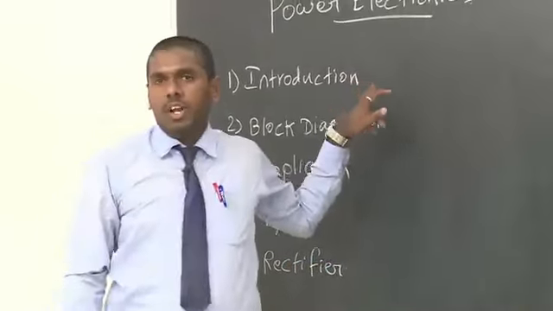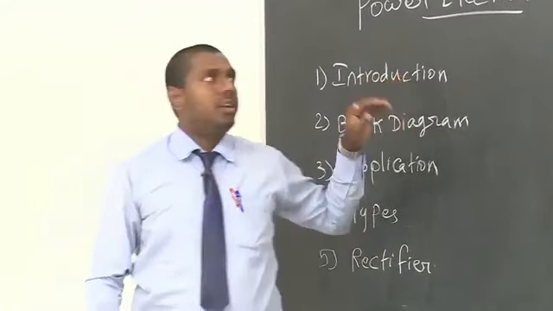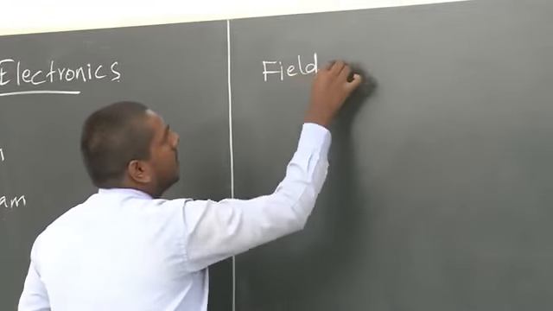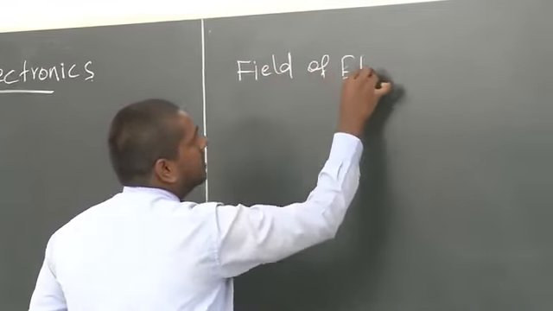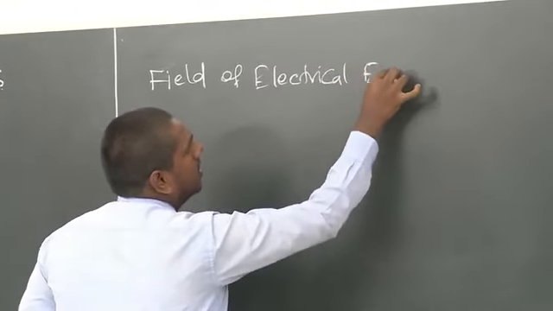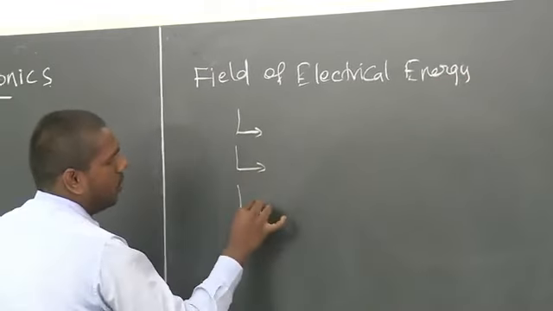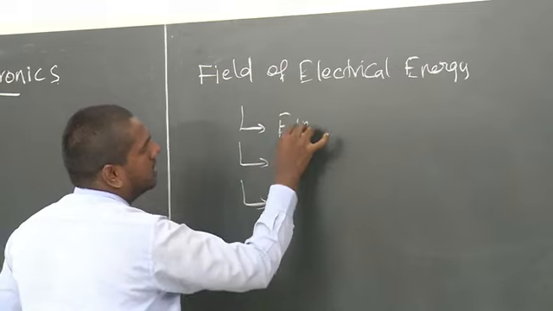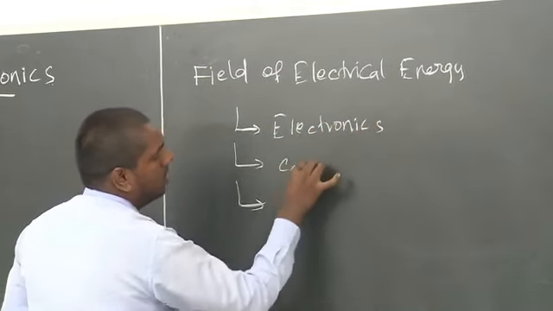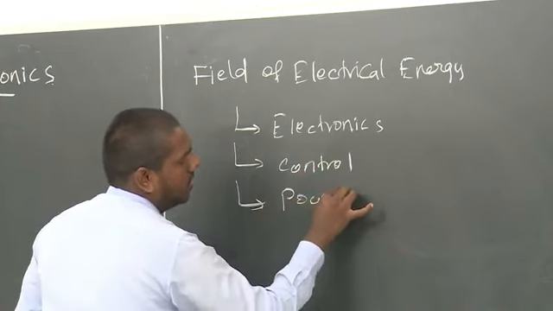Okay. In power electronics, what is the introduction? Every field of electrical energy consists of three major parts: electronics, control, and power.